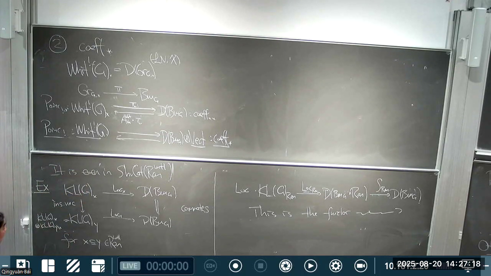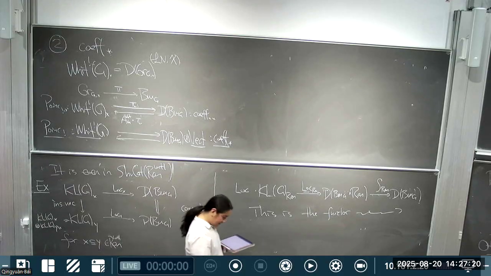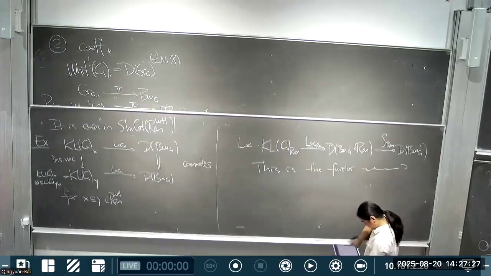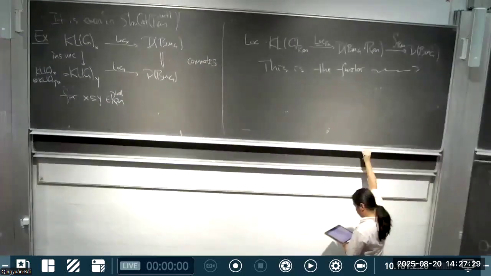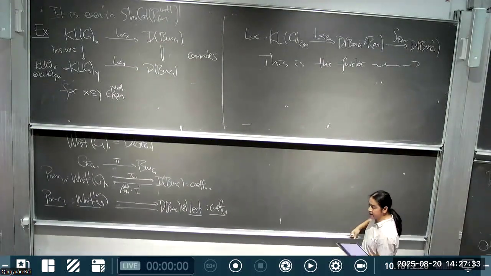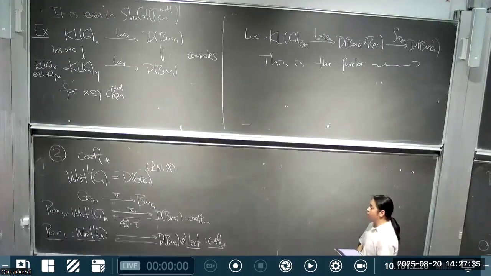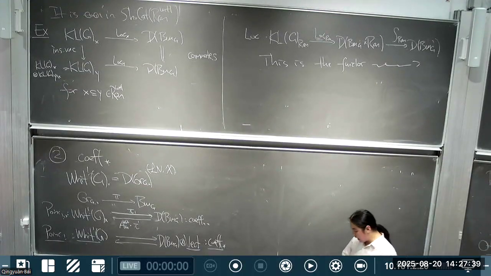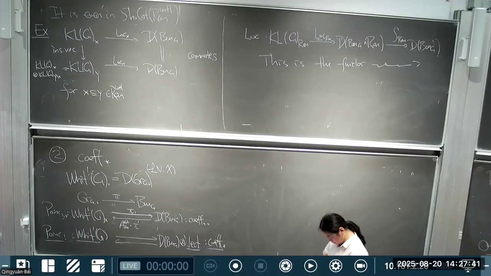And surprise, surprise, the right adjoint is not unital, it's only right lax unital. Is this averaging thing the right adjoint? Yes. Whenever we write lower star, it means right adjoint. Lower shriek is the left adjoint.